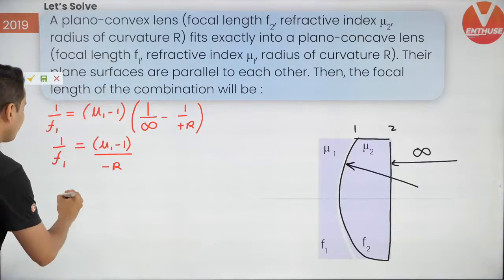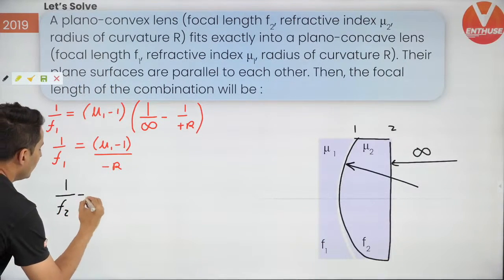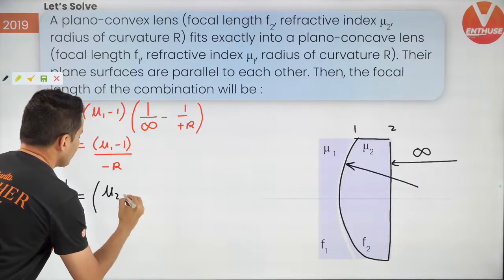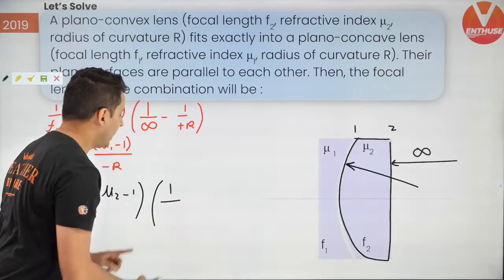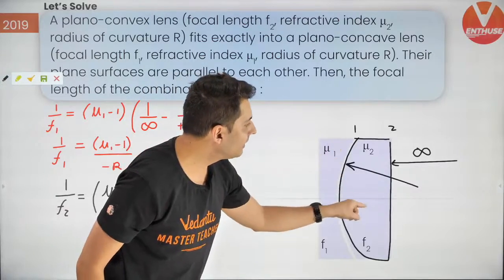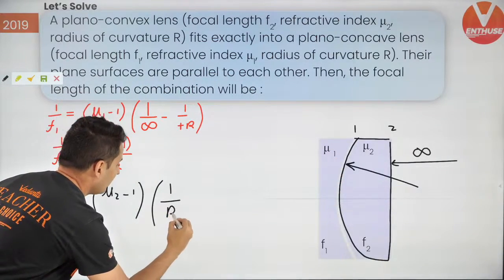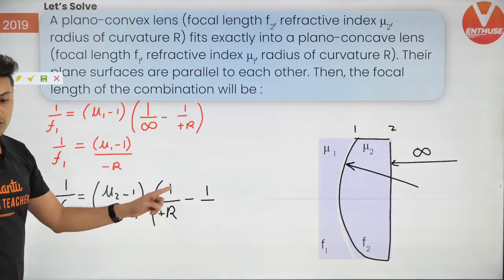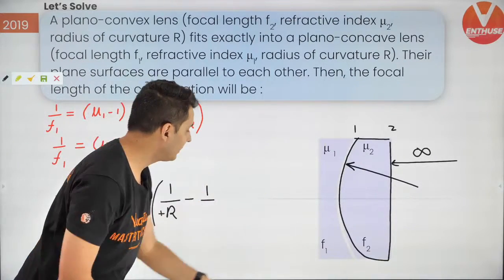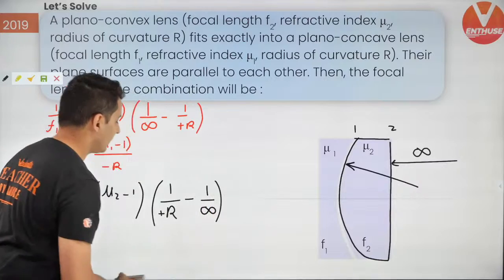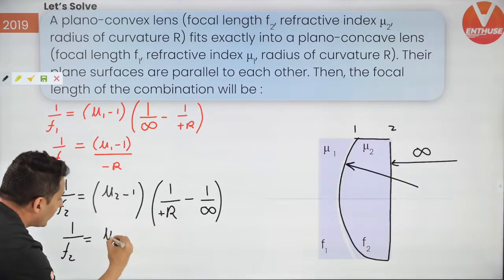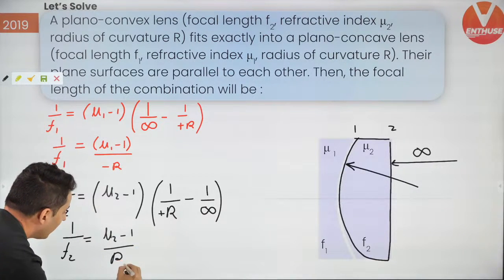So let's do this again. 1 by f2 will be mu2, because that's the refractive index, minus 1 into 1 by r1, which is plus r, minus 1 by the second radius of curvature, that is infinity. So guys, what are you going to get 1 by f2 as? You're going to get it as mu2 minus 1 divided by r.